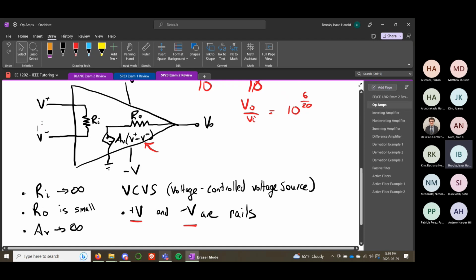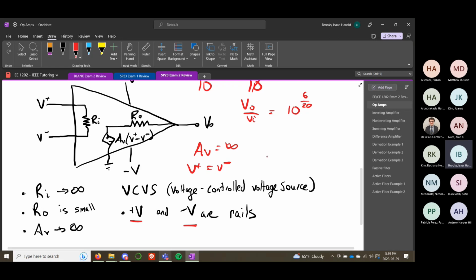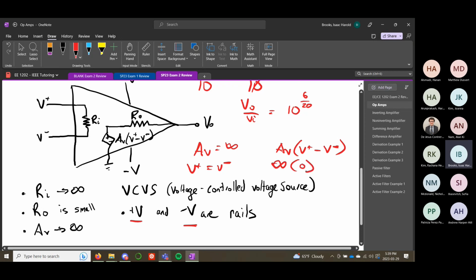Again, this is probably not super important for your exam, but it's a way that we can model it. In our assumptions, AV is infinite and V plus equals V minus, so this gain AV times V plus minus V minus is like infinity times 0.